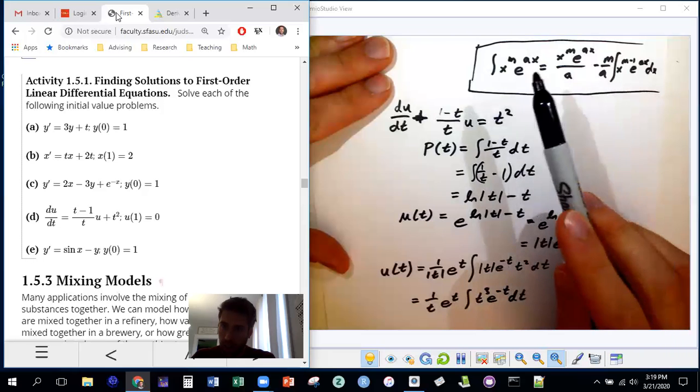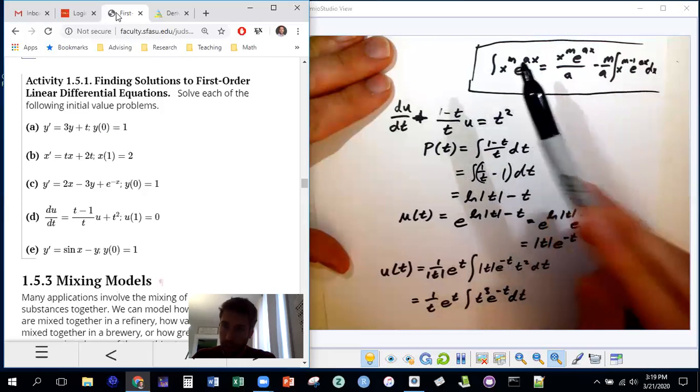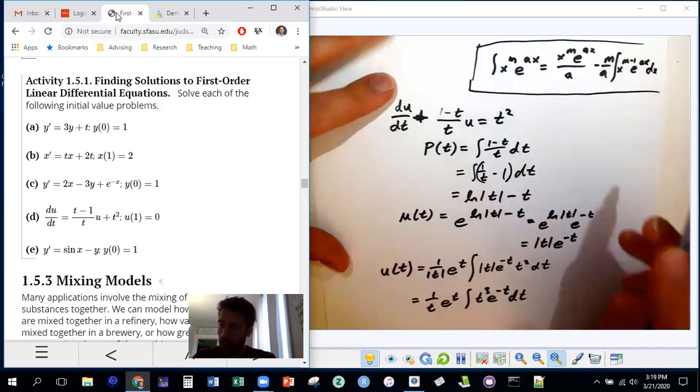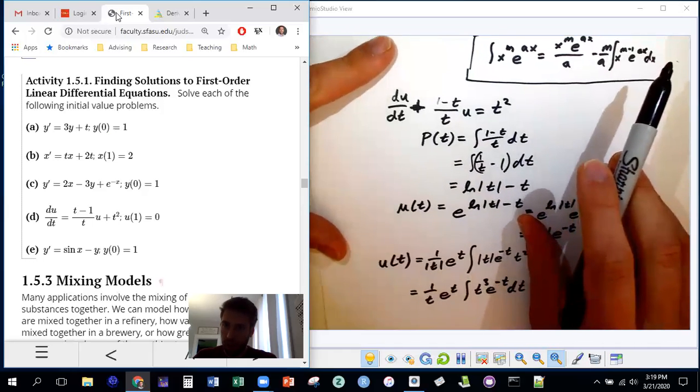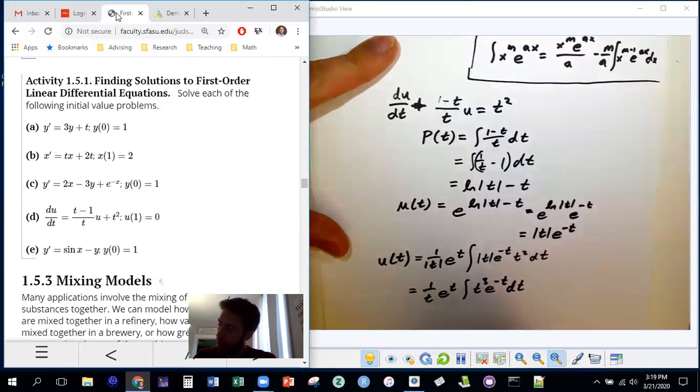In this case, a is -1 and m is 3. So this equals 1 over t e to the t times, since a is -1, negative t cubed e to the negative t, and then minus a negative, so plus, and m here is 3 times the integral of t squared e to the negative t dt.